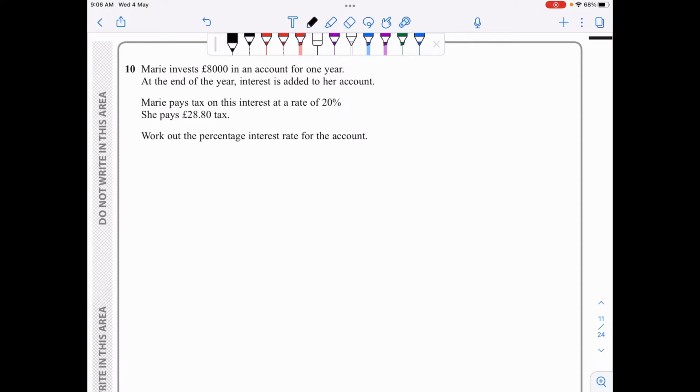I don't know the interest rate, so I'm going to start by calling this R percent. She invested 8,000. She received interest of R percent. So 8,000 times R over 100 represents the total interest in a year.